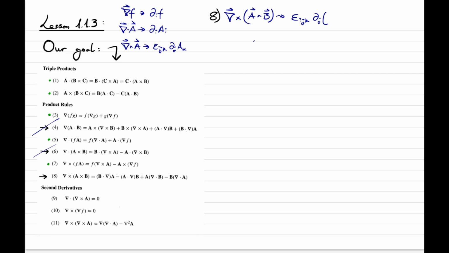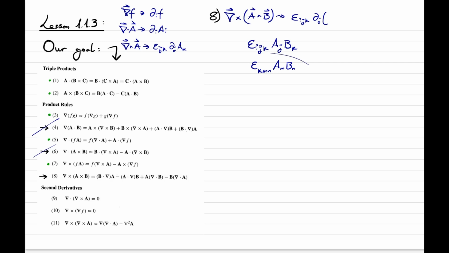So A cross B is simply epsilon ijk aj bk, but we have to change the indices so that they can fit in here. So here we have to put the vector, but the free index is going to be k, so we are going to have epsilon kmn, and the other dummy indices j and k we are going to change their names, so they can be, for example, m and n: am, bn.